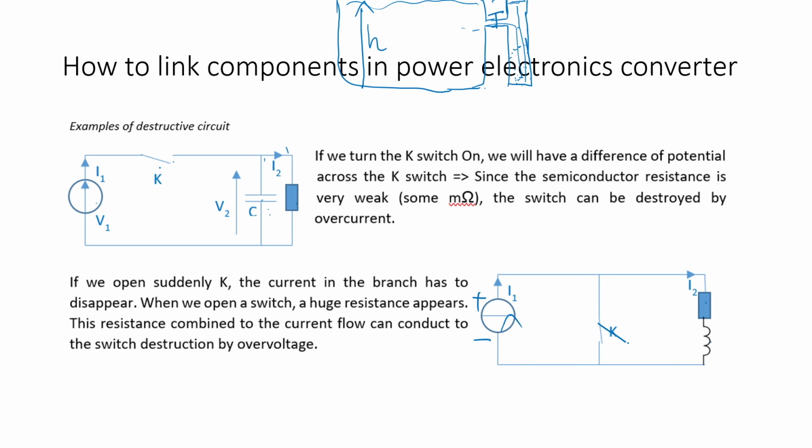When you switch off, what happens with the voltage? Of course, current is 0 here, but what happens with the voltage? Because an inductor is kind of a storage element that stores spinning magnetic flux.